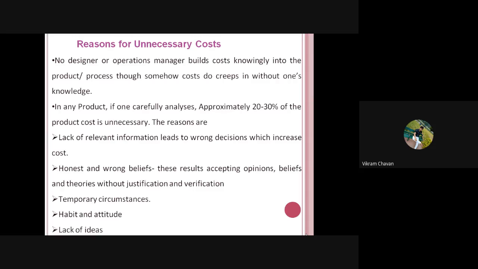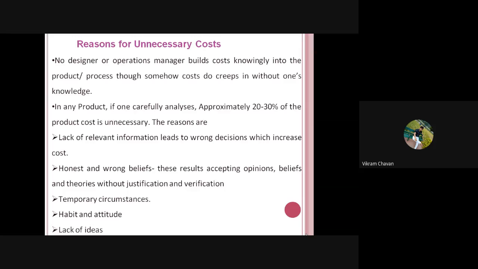The designer doesn't know the overall information related to that product, so it will be under-designed or over-designed, and that will add extra or unnecessary cost to the product.